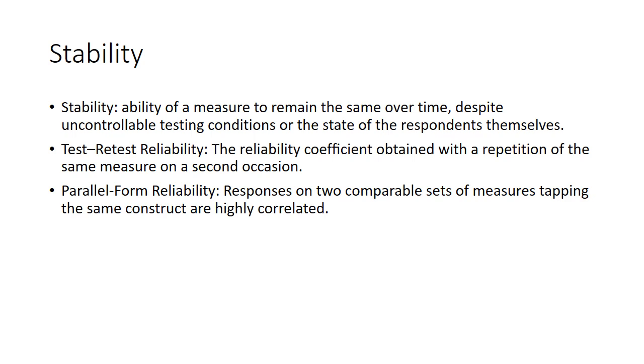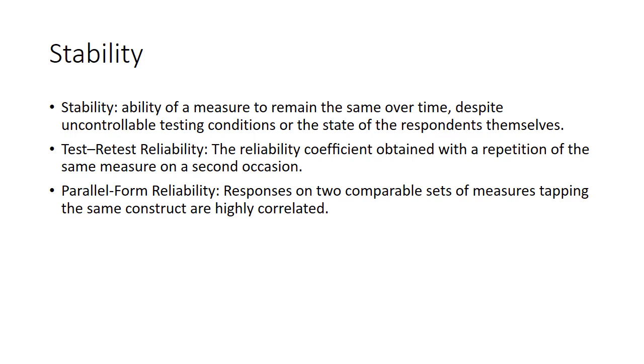Whatever state the respondent is in, we are not talking about the uncontrollable testing conditions or the state. Everything can be changed, but the ability of a measure to remain the same over time is what we want.